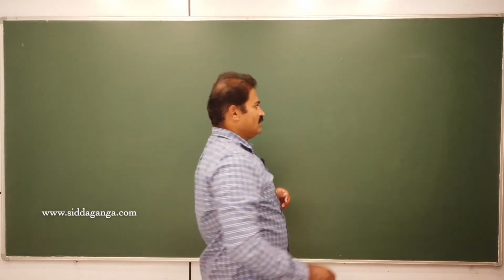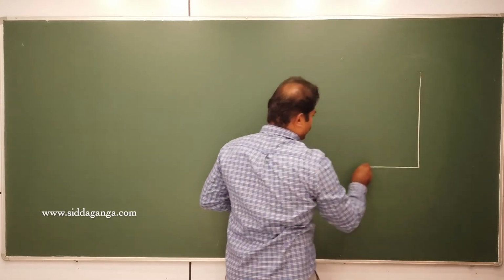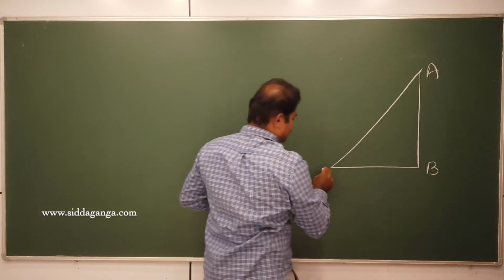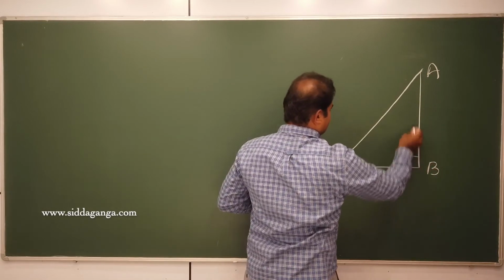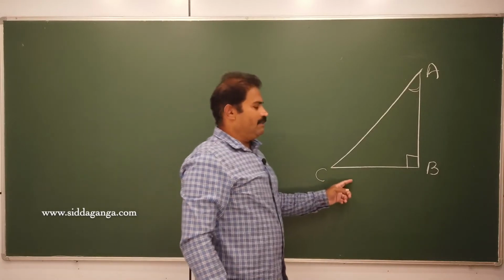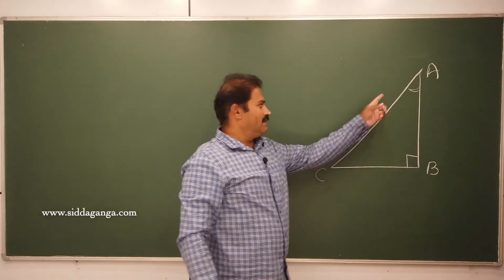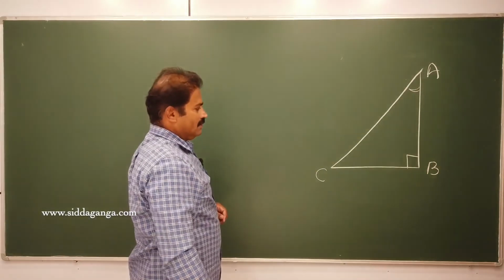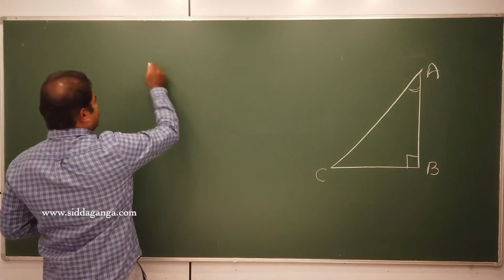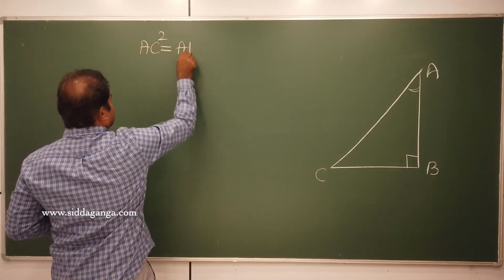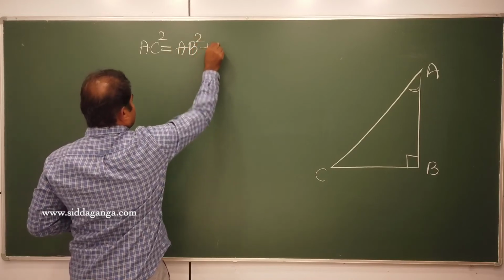Let us consider a triangle ABC with angle B 90 degrees. So with respect to angle A, BC becomes the opposite side, AC is the hypotenuse and AB is the adjacent side. And now according to Pythagoras theorem, AC square is equal to AB square plus BC square.